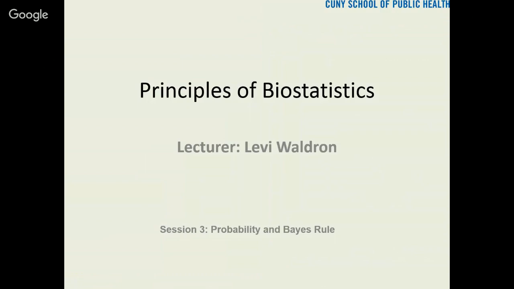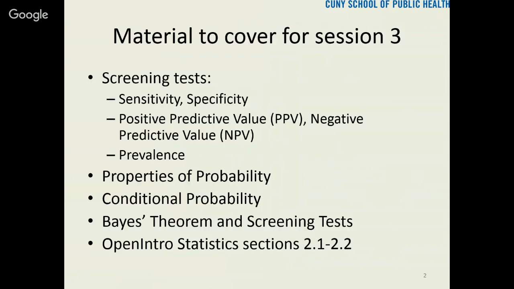We're going to change gears a little bit today from your basic introduction to data and numerical and graphical summaries of data into a bit of probability. We're going to cover it in the context of Bayes' rule. I'm sure you all have a little bit of probability, but we're going to bring it up in the context of screening tests. So tests that are imperfect but can be used to screen for disease in a population.